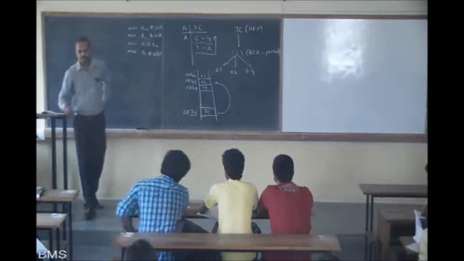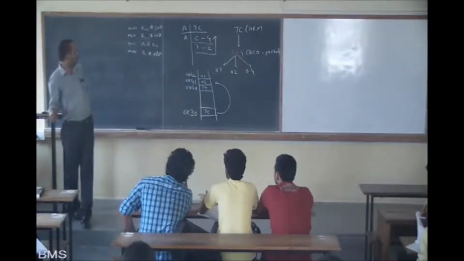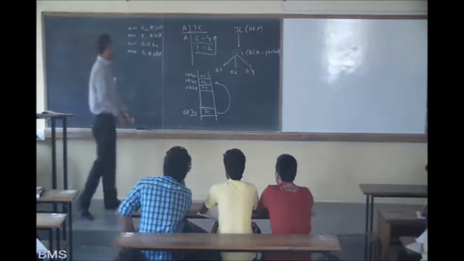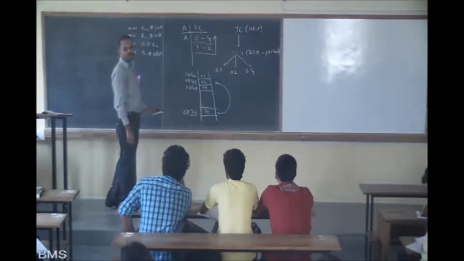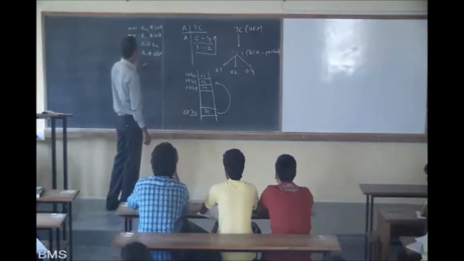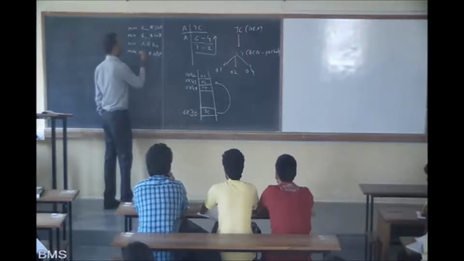What is the first step? We cannot address like this. MOV B, # is not there. Then we'll go with this, direct addressing mode.